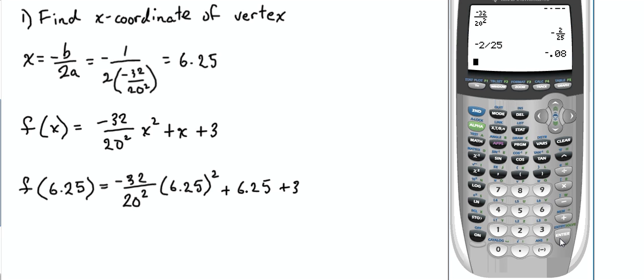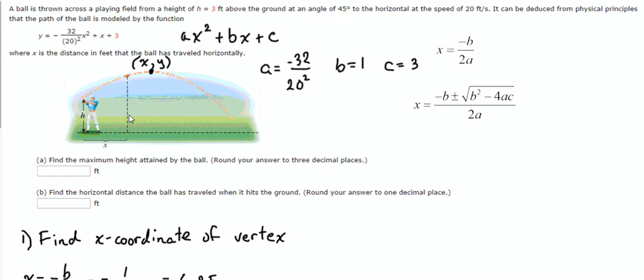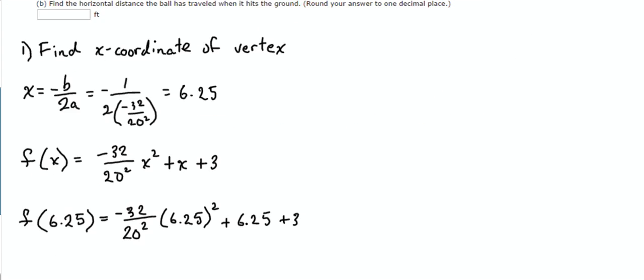Negative 2 over 25, which is negative 0.08. That's actually the value of our a. And what I'm going to do is store that in a variable. And all we do is press the STO button and alpha and the letter A, and it stores it in A. I'm not going to bother to do that with B or C, because they're just pretty simple numbers, 1 and 3.